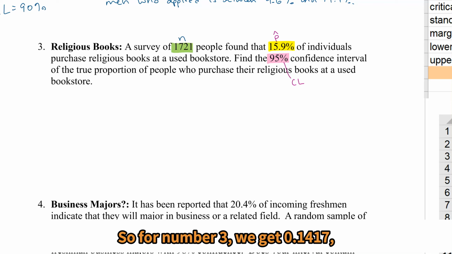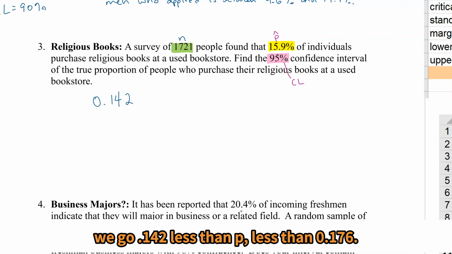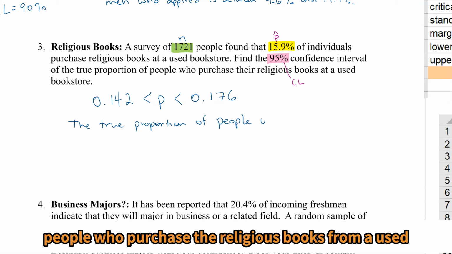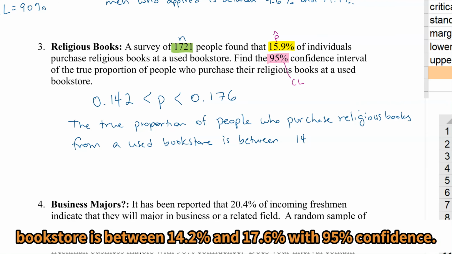So for number 3, we get 0.142 less than P less than 0.176. And then we can say the true proportion of people who purchase the religious books from a used bookstore is between 14.2% and 17.6% with 95% confidence.